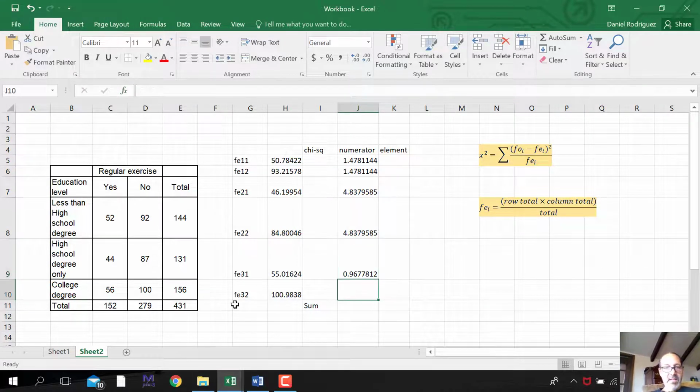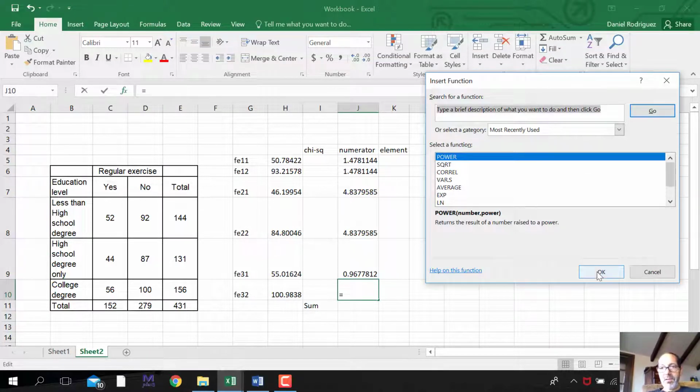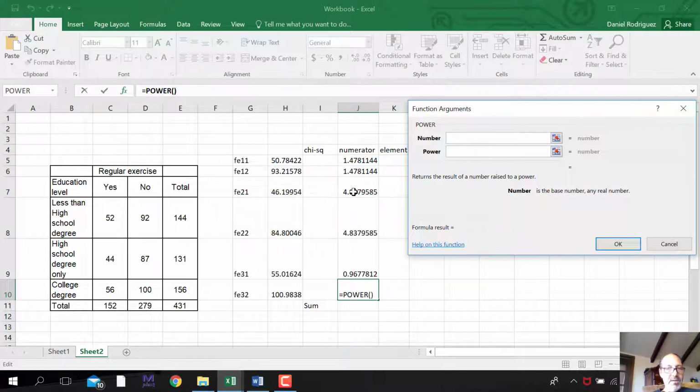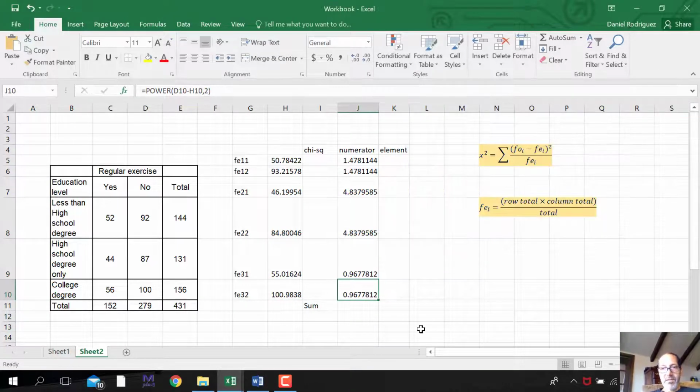And finally, the last one, we'll do cell 3, 2. So let's go power again. Power cell 3, 2 minus the expected frequency. Square this difference. Okay, there you go.